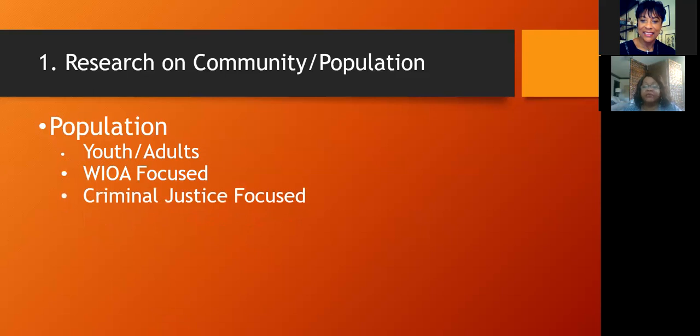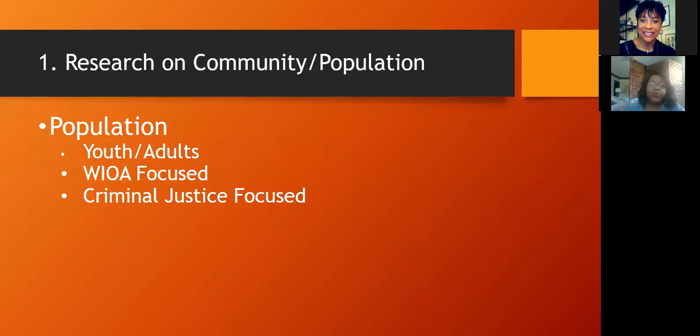Criminal justice focus. Should you want to look at serving individuals who are having extreme challenges in trying to find jobs, the criminal justice population is certainly a population that you want to take a look at. Again, there are federal funds available for that.